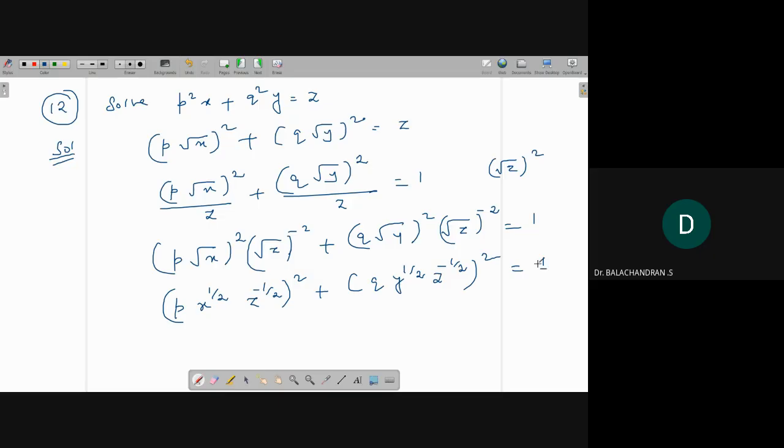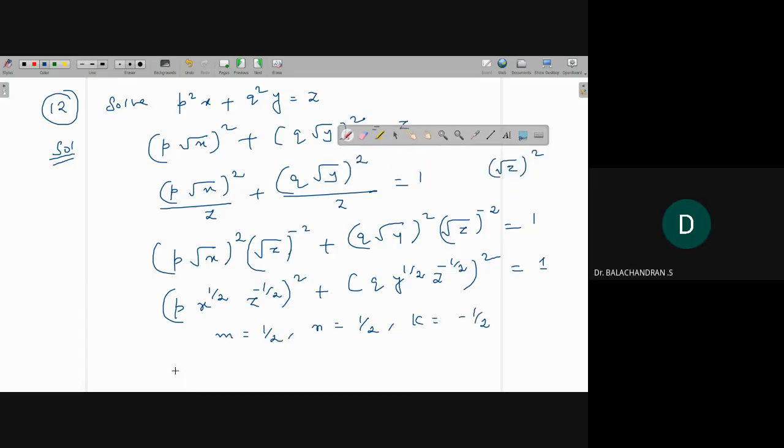Now, what is the value of m? M is half. N is half. And k is minus half. Now, what is the value of capital X? Capital X is x power 1 minus m. So m is half, so x power half.